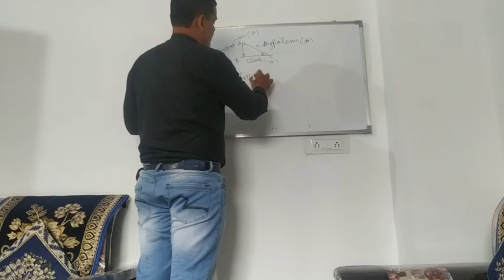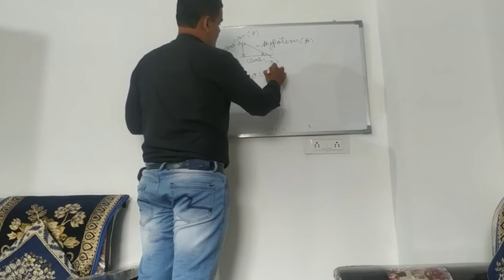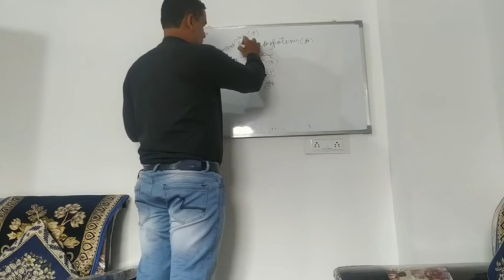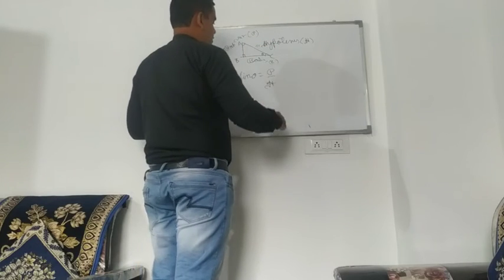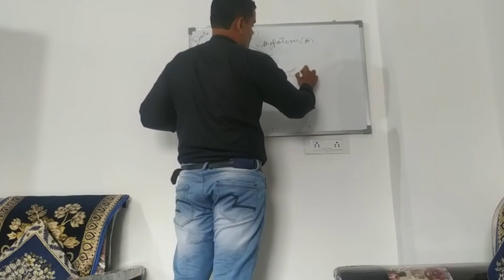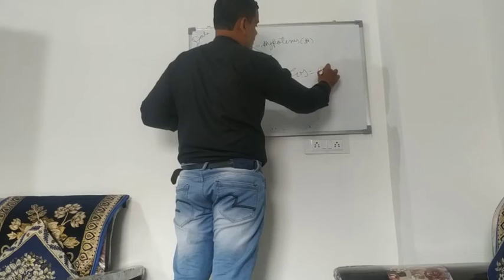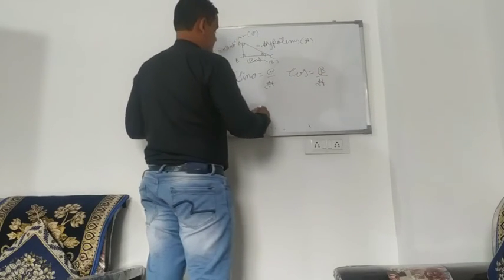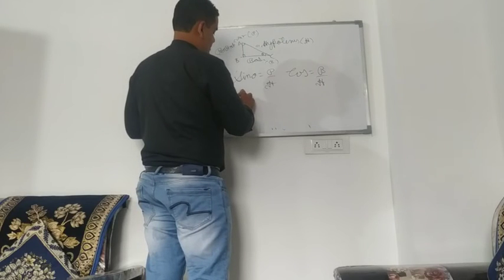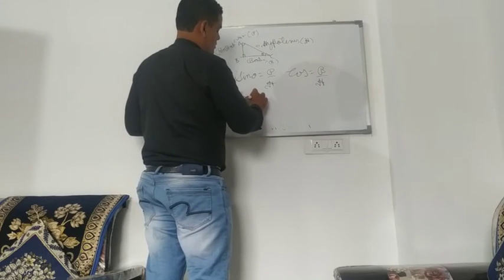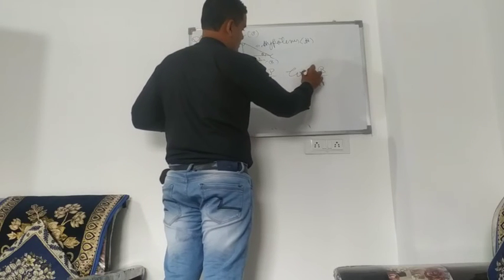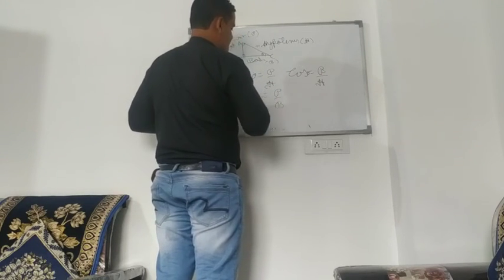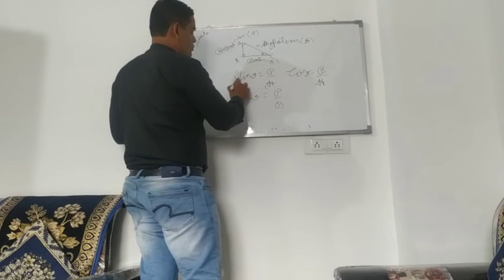Sine theta equals perpendicular upon hypotenuse. Cos equals base upon hypotenuse. Tan theta equals perpendicular upon base.